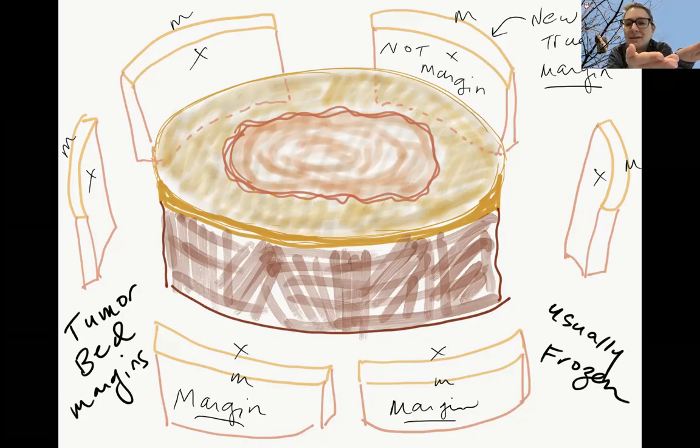Like when they send us a strip that says 3 o'clock margin or lateral margin, freeze it, we don't know which end is up, right? They often don't orient it. Is that correct? Yeah, I would agree. It's just a strip. So we don't know which came in contact with the patient. So we're guessing.